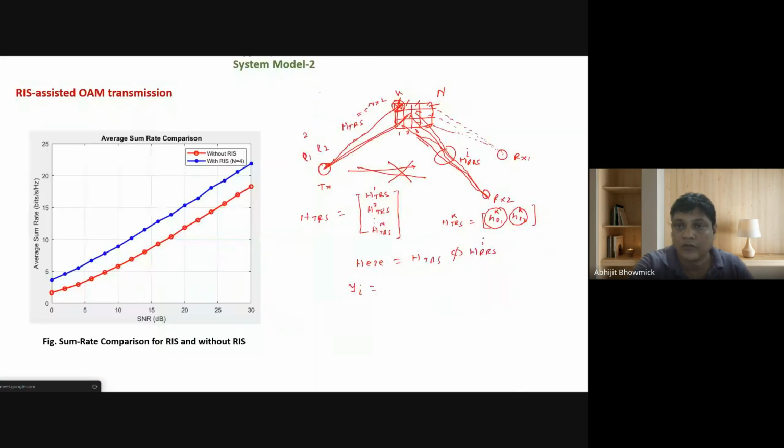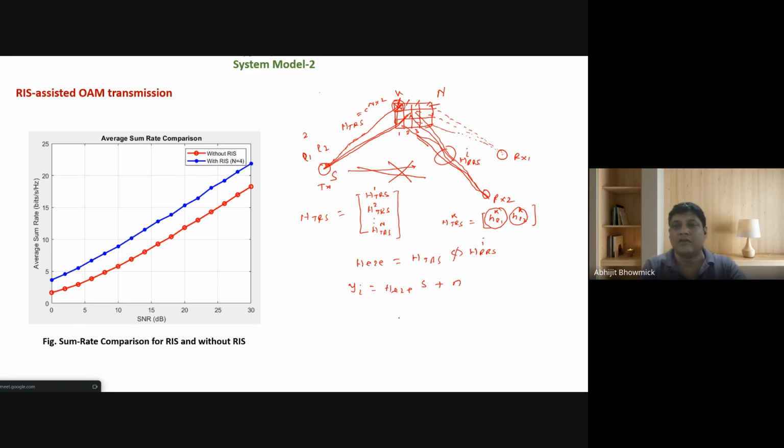So very interesting. When you go in depth, you'll find there are a lot of things to discover. Okay, it's interesting, this channel modeling. Anyway, what would be the received signal? Yi is equal to, since it is transmitted S, so I can say it is H into S plus noise.